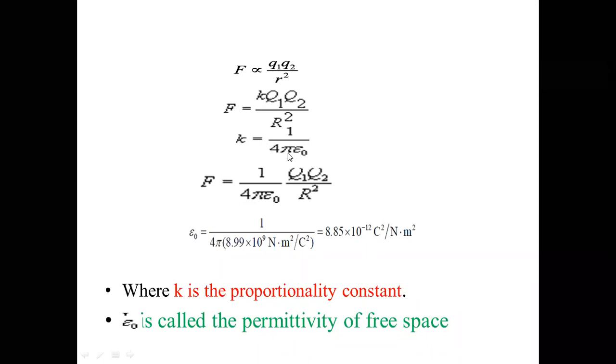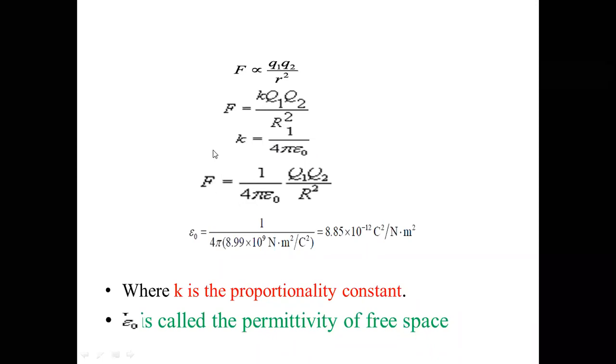What is this epsilon? It is called the permittivity of free space. Please write all of this down because it will be required. That is F is equal to K into Q1 Q2 divided by R square, and the K value is given as 1 upon 4 pi epsilon 0.